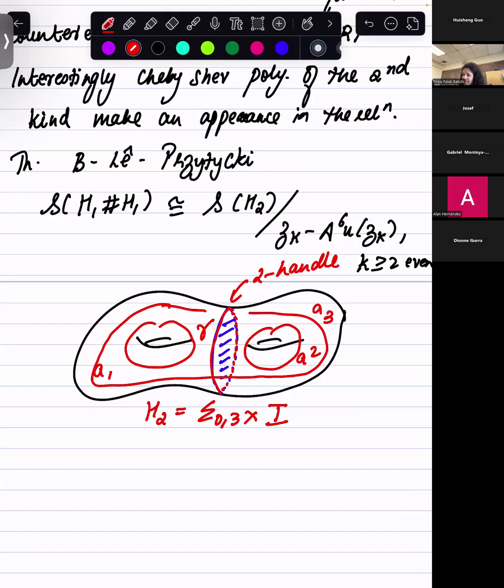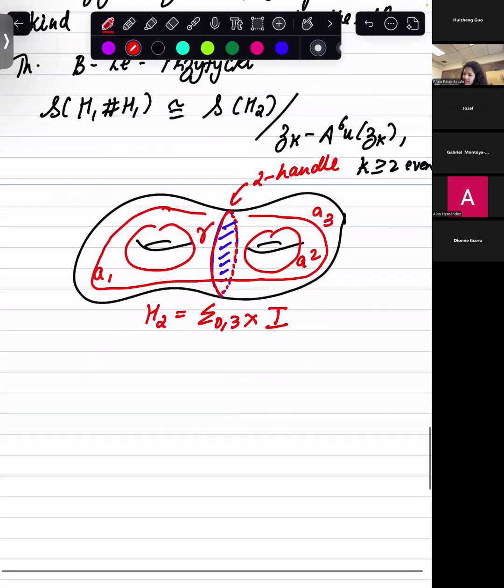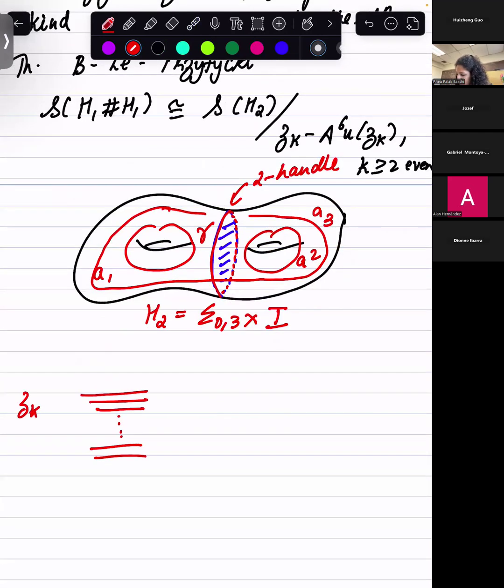And the sliding relations are exactly of this form. So the Z_k are just k parallel copies that intersect this meridian disk k times, all right? And what we can do is that the handle sliding is very particular in this case. The handle sliding is of this form.